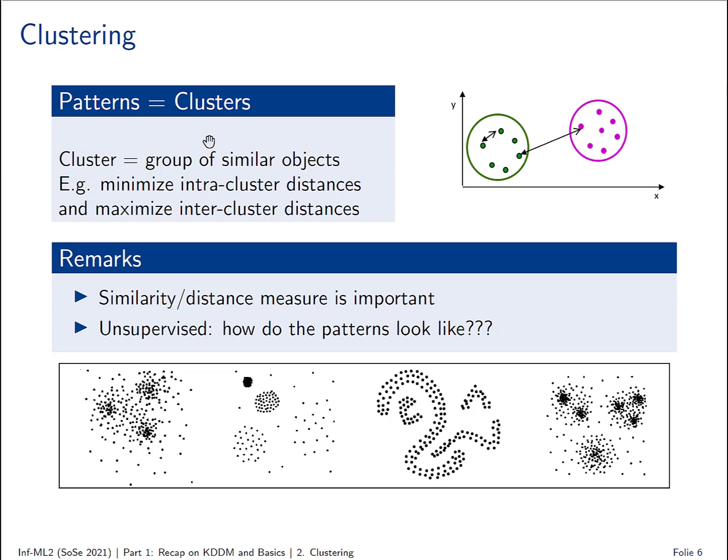The question is how to actually define what a cluster is, or what the characteristics of these patterns, these clusters are. So how do the patterns look like? That is somehow the first implicit assumption when you actually choose a given algorithm, because each algorithm actually defines the patterns, or the characteristics of the patterns, a little bit differently, and then basically searches for those specific patterns.